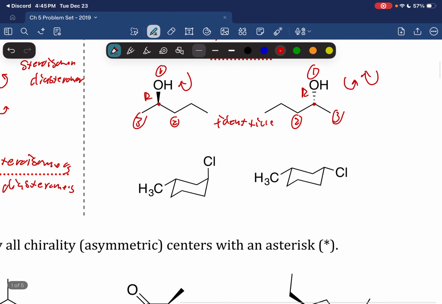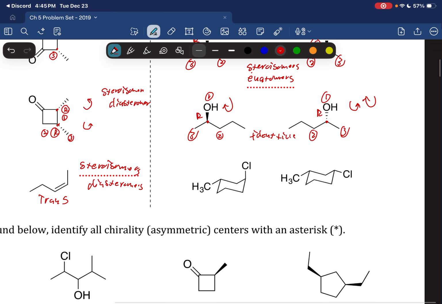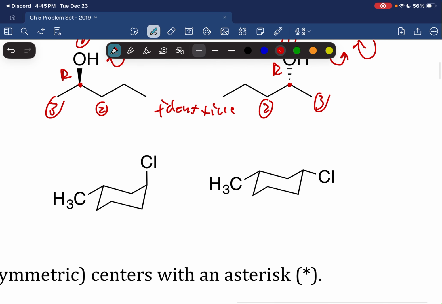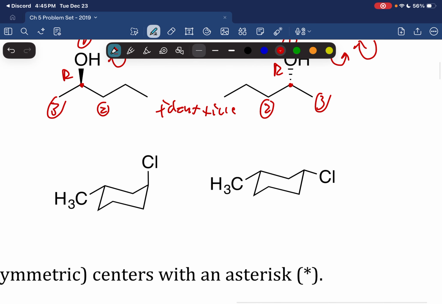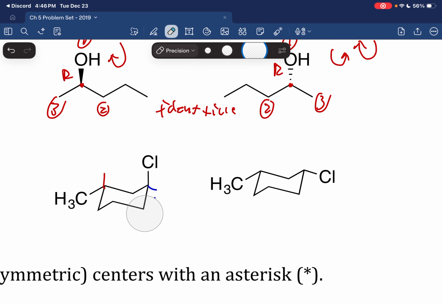Okay. And I'm gonna skip these because there's a trick to these, and I can't really explain it. I just know that when you're looking at the axial and equatorial positions, let me just draw them all out. It's not really clinically relevant, to be honest, but here, we'll just look at it.